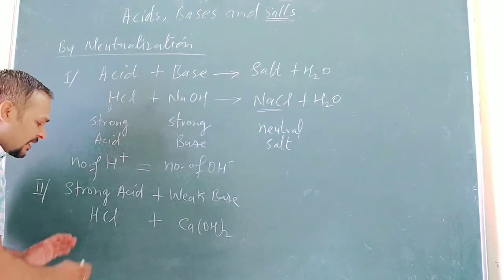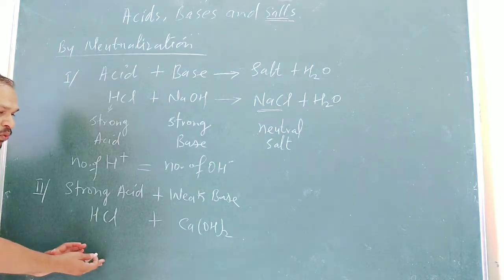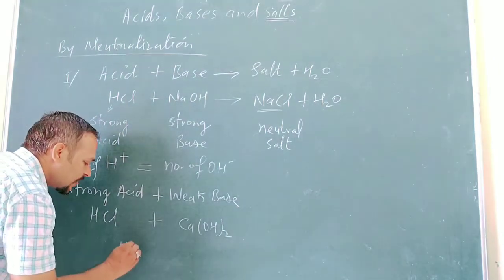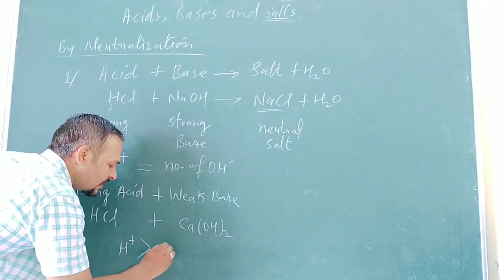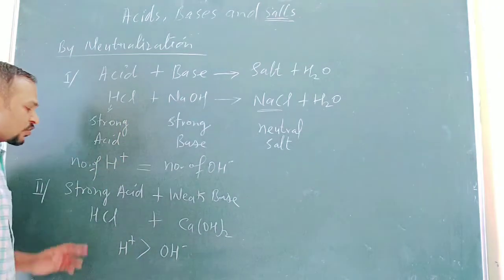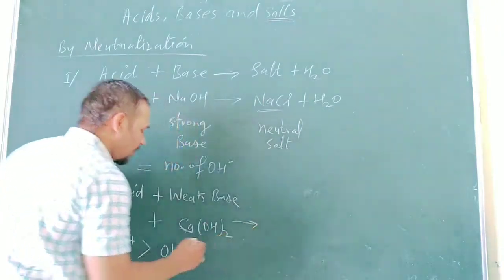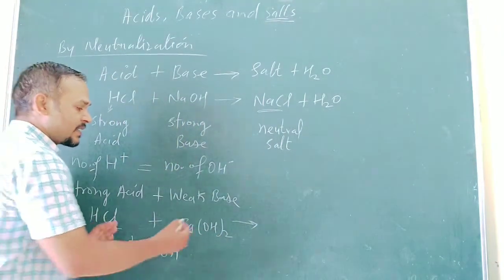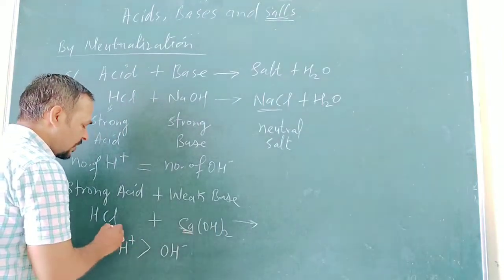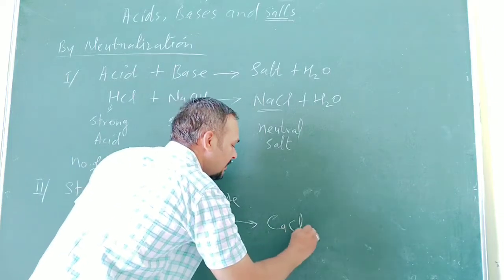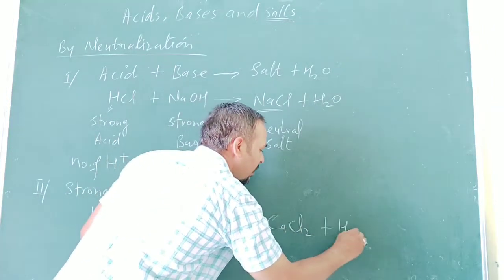The number of hydrogen ions will be more than the number of OH ions, right? So H plus ions will be more than OH minus ions. What is the product formed when acid and base react? Salt. What salt? Calcium chloride along with water.